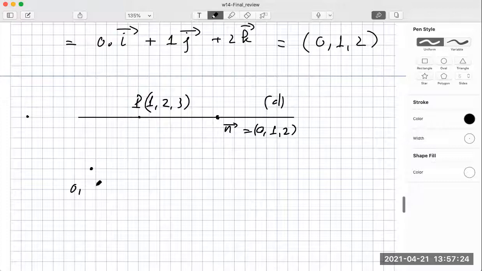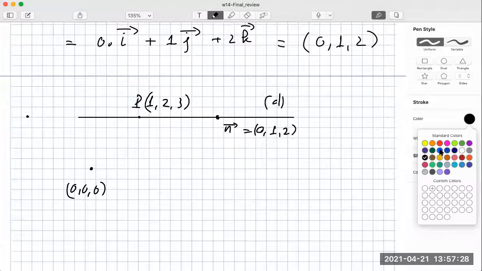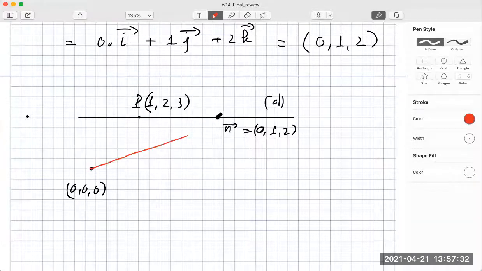And the origin is right here. Suppose we're looking for the equation where the points x, y, z are.